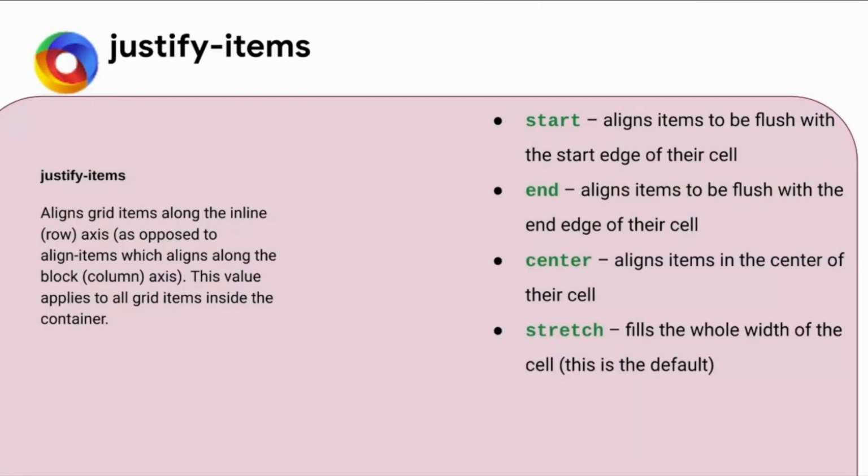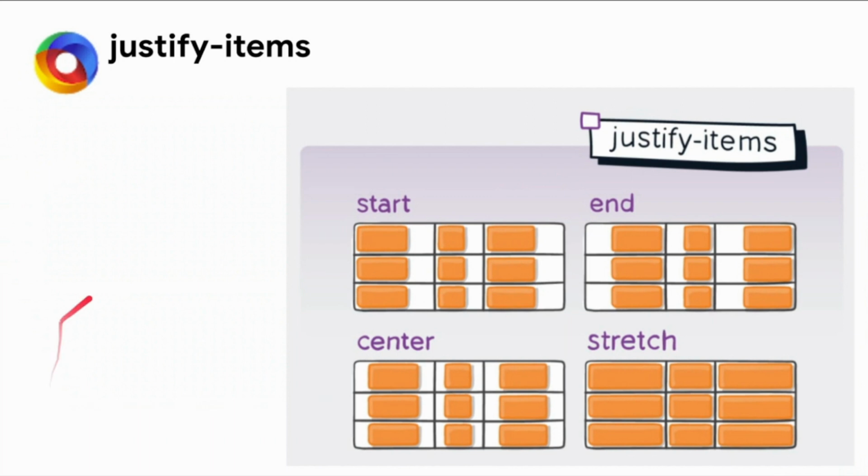Okay, so similarly we have justify items. What exactly is justify items? Suppose there is a grid, and all the inner grid cells have different lengths. They are not taking the proper width, but the grid container size is perfect, and the inner children have some issues.